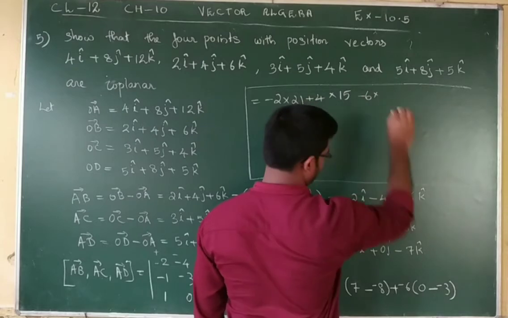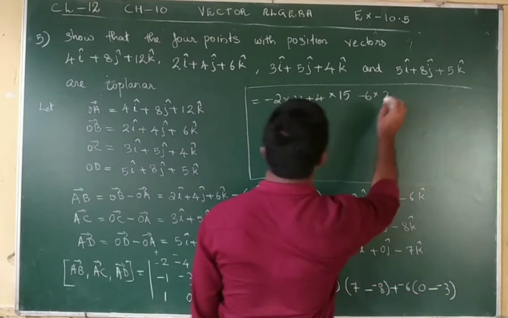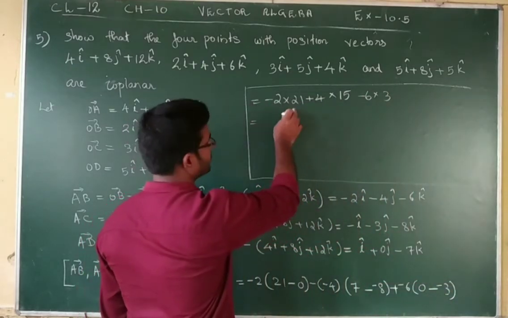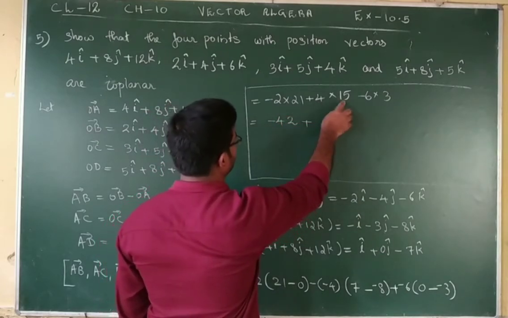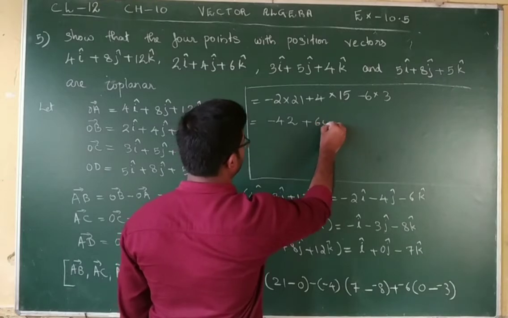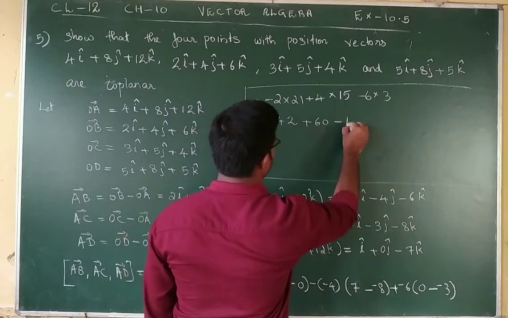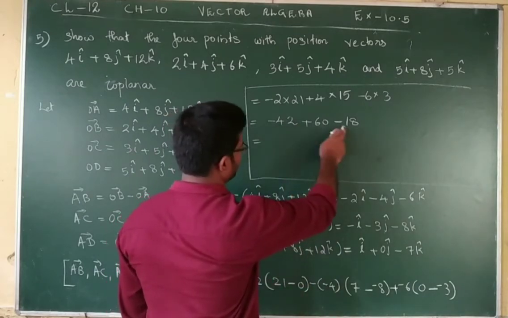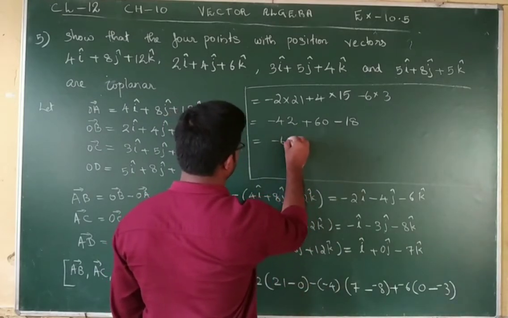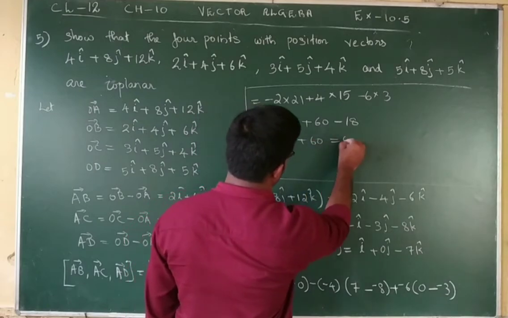Minus 6 into, in here 3. Equal to minus 2 into 21, minus 42, plus 4 into 15, 60, minus 6 into 3, 18. What will we get? Minus 42 minus 18 minus 60 plus 60 equal to 0.